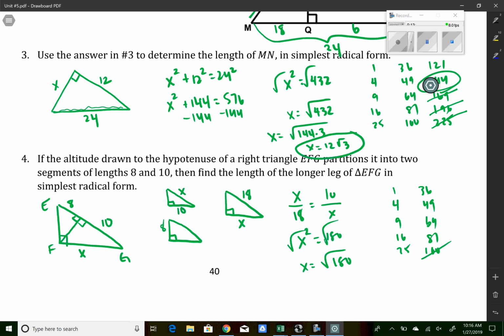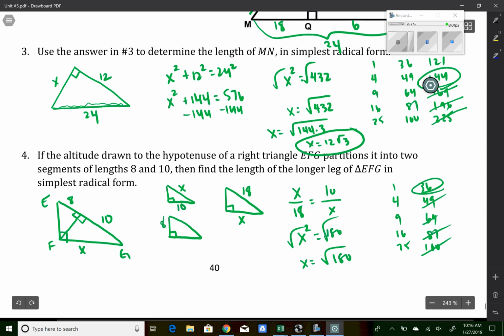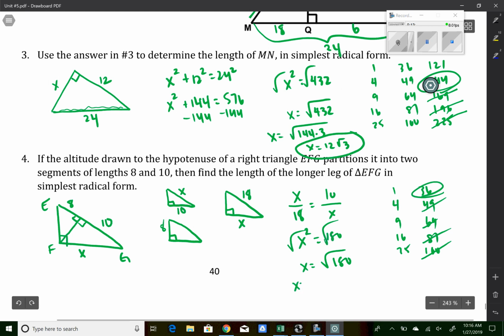It's not big enough. So we have to try and find a bigger number. If we keep trying, we'll notice that 81 doesn't work, 64 doesn't work, 49 doesn't work, but 36 finally does. So this is really the square root of 36 times 5, which becomes 6 square root of 5 for my final answer.